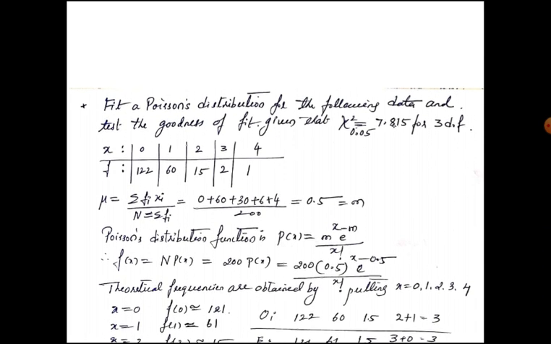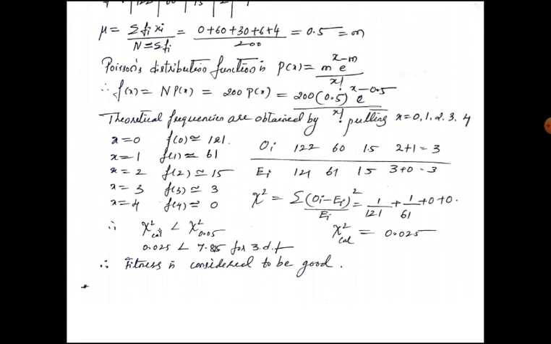The chi-square table value is 7.815 for 3 degrees of freedom. So here chi-square calculated is less than chi-square at 0.05. Therefore, you are going to accept the hypothesis. That means you confirm that the fitness of that Poisson distribution for the given data is considered to be in fact very good.